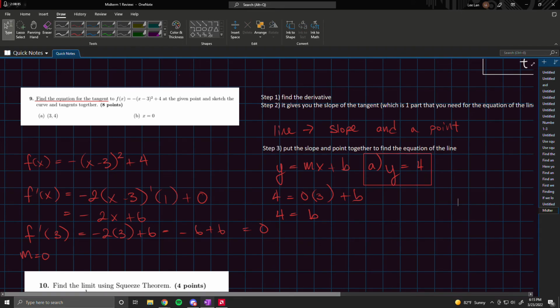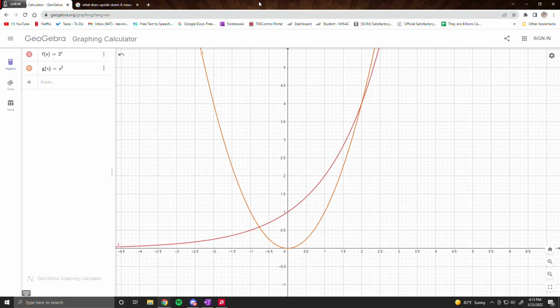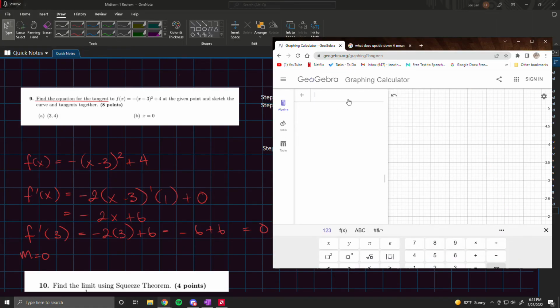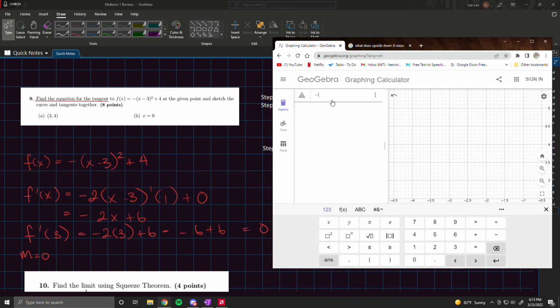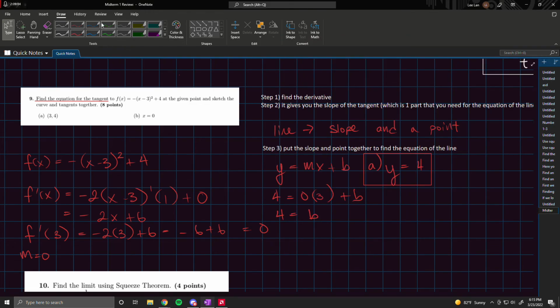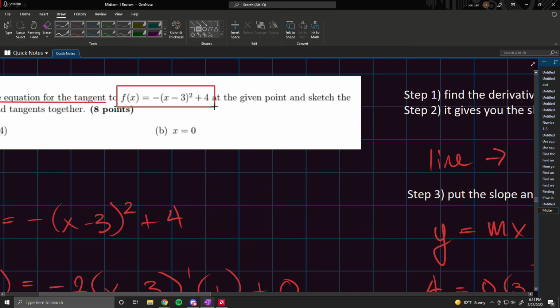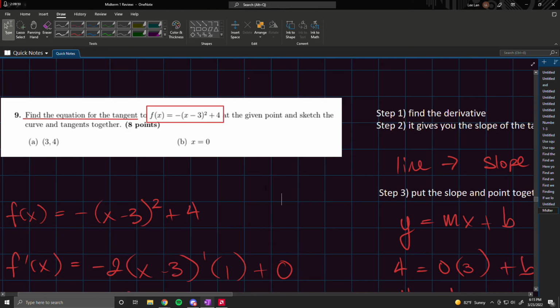And then just to double check, let's graph it. Let's graph the original function. Well, one way to see without having to pull out a graphing calculator is, let's look right here. Does this look familiar?